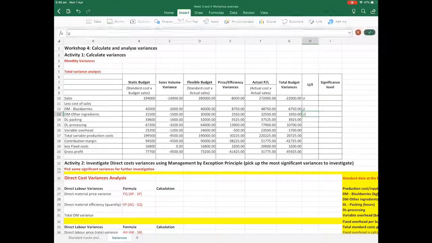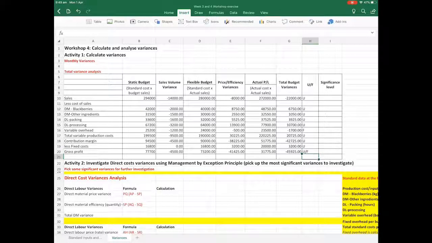All the positive figures for the cost would be unfavorable and negative would be favorable. Total variable production cost, we have unfavorable. Contribution margin, unfavorable. Fixed cost, unfavorable. And of course the gross profit becomes unfavorable.